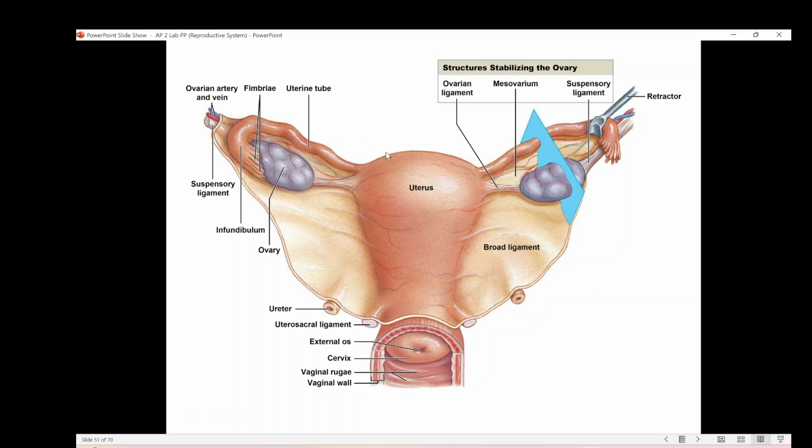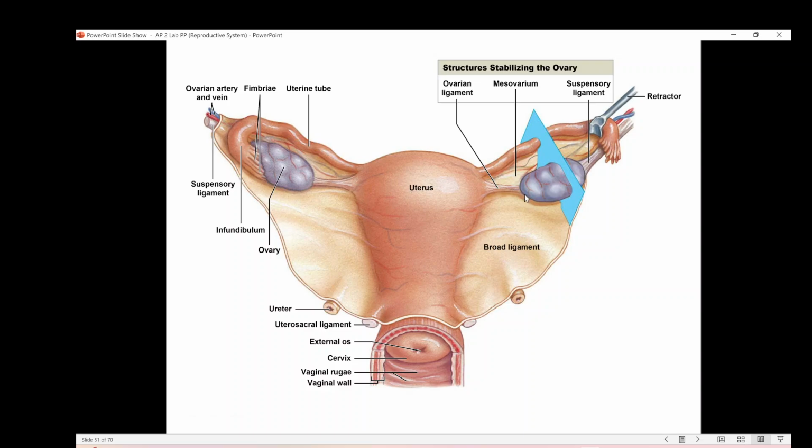So this is a posterior view of the uterus, and you can see over here, this is a right and left ovary. The ligament that I'm talking about is right here on this side and right there over here. This is the ovarian ligament. So this is basically holding the ovary to the uterus, so the ovary doesn't fall away.